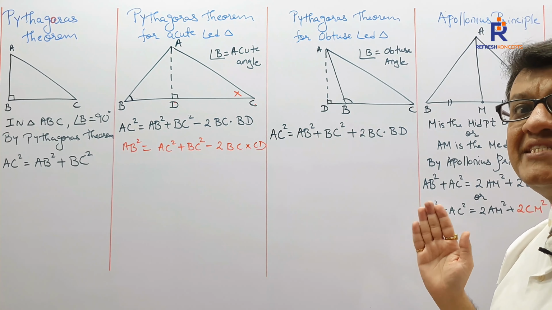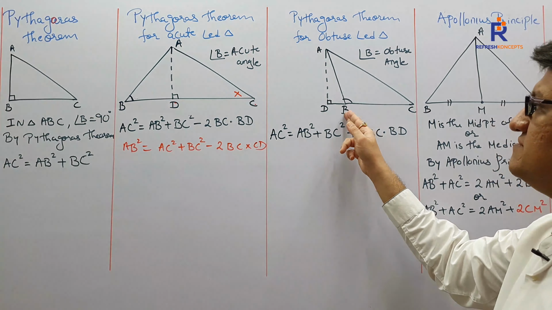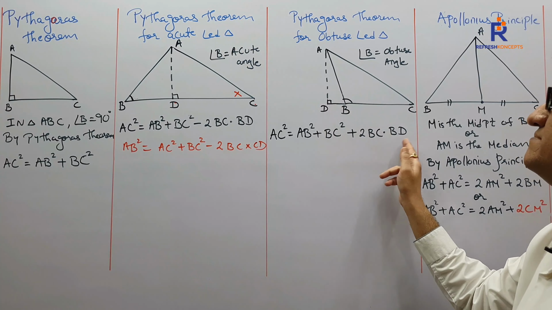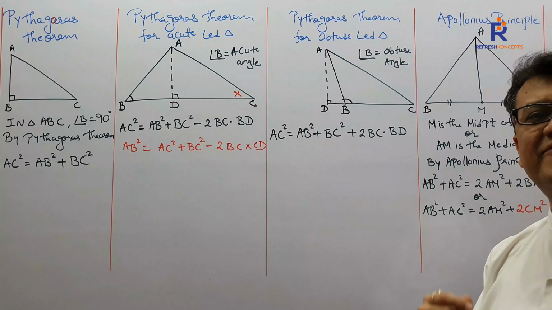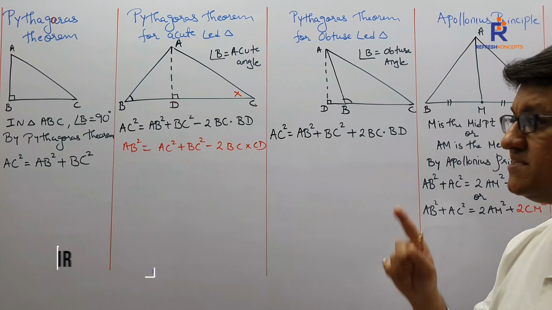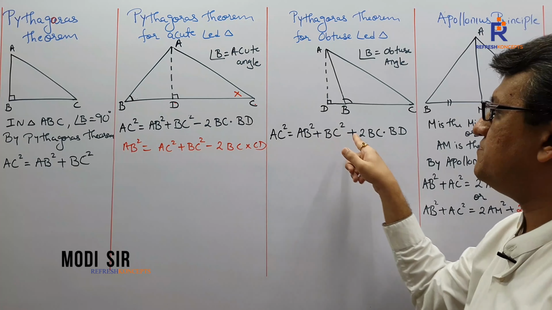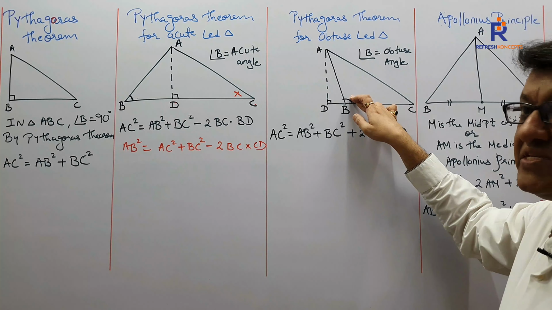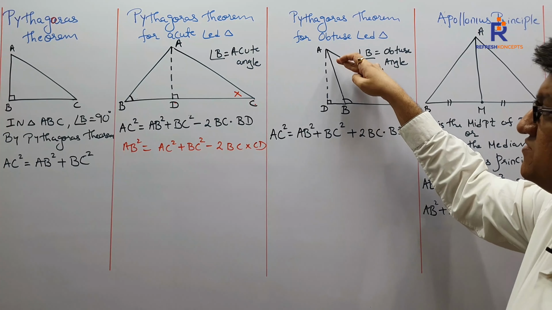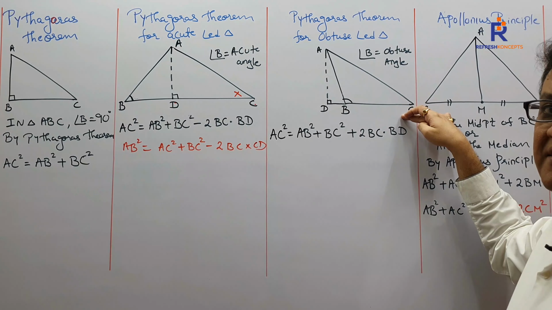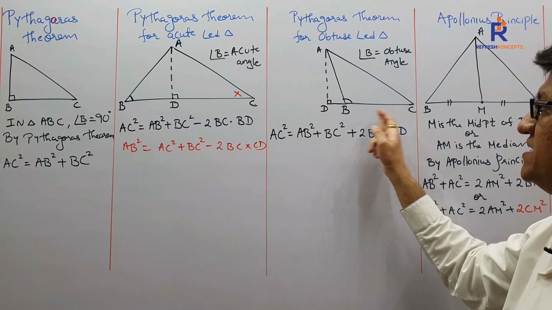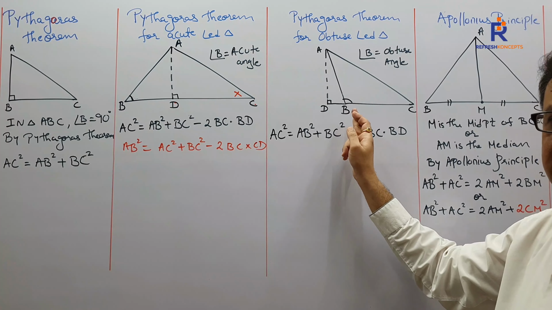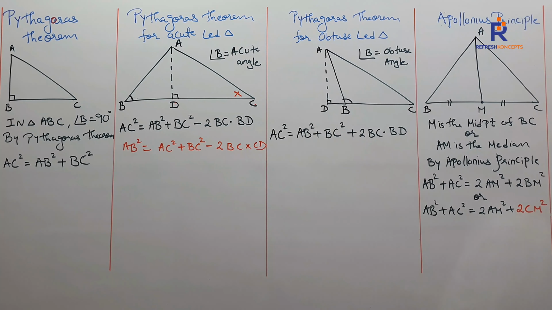Into distance between angle and perpendicular, BD. Again, the language is the same. Only the thing is minus plus, acute minus, obtuse plus. If B is an obtuse angle, AC square is equal to AB square plus BC square plus twice base BC into angle to perpendicular distance. Simple to learn by heart.